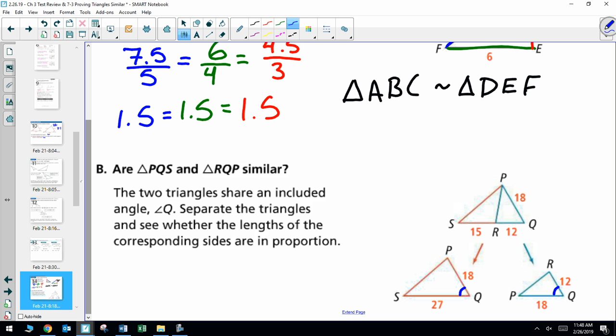Again, it doesn't matter which one I begin with. I just want to see if it's going to be the same. The bottom sides ended with a length of 27, but it started with 18. Is that the same ratio as the side that ended with a side length of 18 but began with a side length of 12?